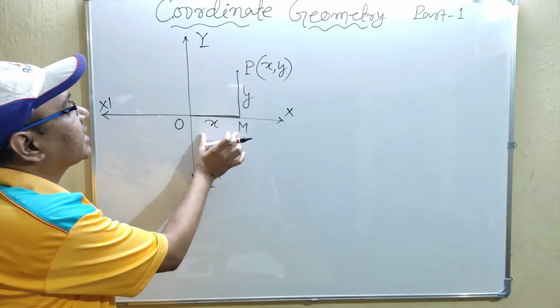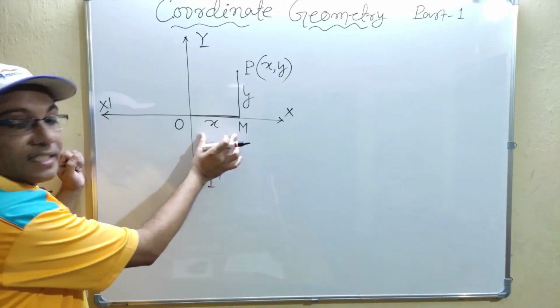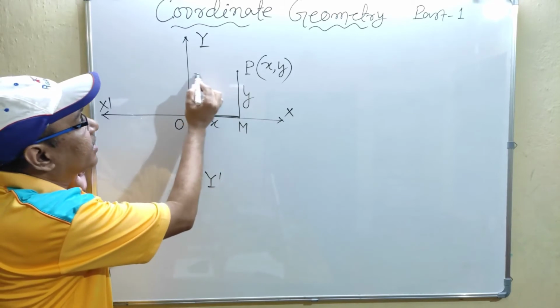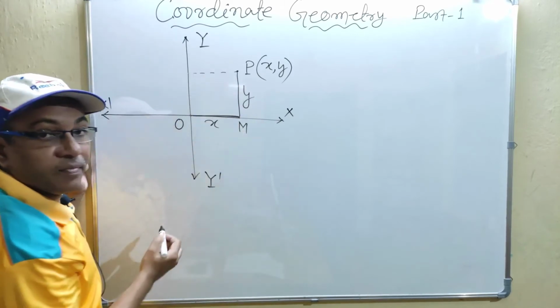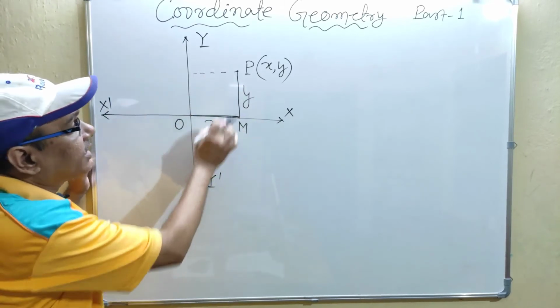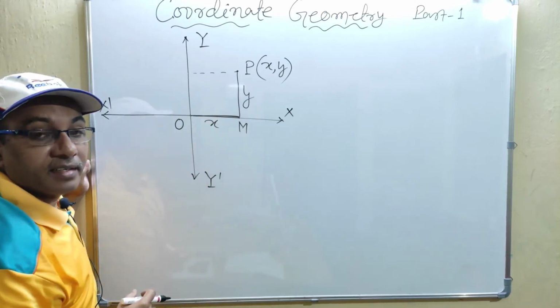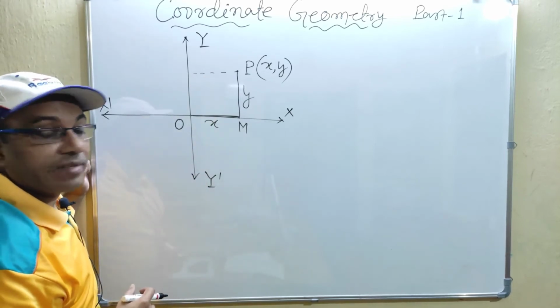This x distance means distance towards x-axis, or you can say distance from y-axis, is called x coordinate of the point, or it is also called abscissa, x coordinate or abscissa.